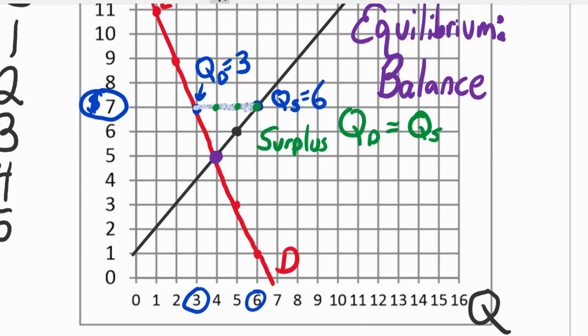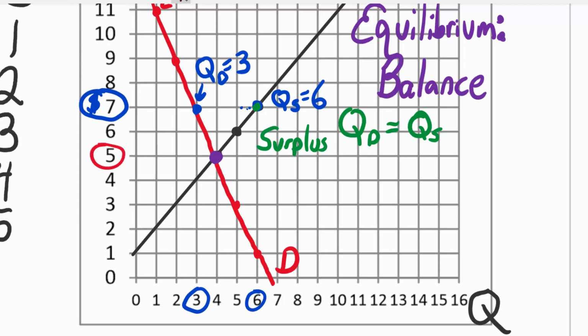Just go to any clothing store and see what they do with their surplus clothes. They weren't able to sell them at the price they initially tried to sell them at. They put them on clearance, right? So tomorrow the business is going to be lowering their price and producing less, and that means that we're going to be getting closer to that equilibrium price of $5.